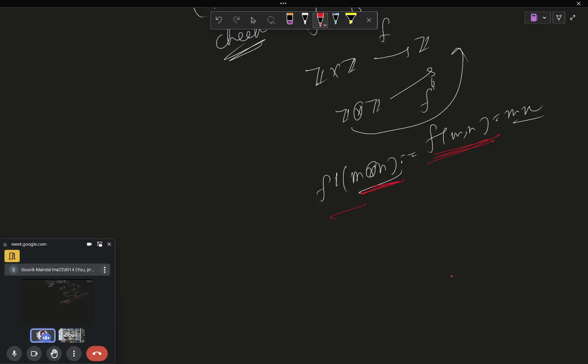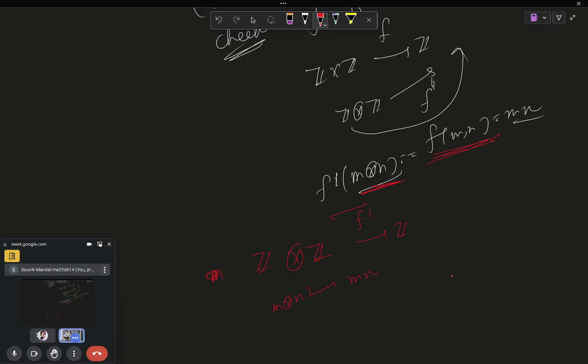Yes. So basically, we have the map from Z tensor Z to Z, m tensor n goes to mn. Since this is getting from the property, this map f dash is well defined. It is obviously well defined the way you are getting it from the property.